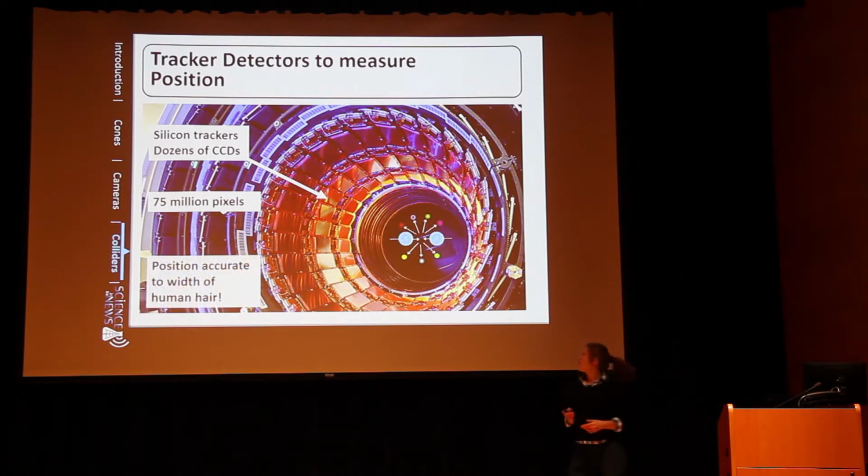So that means that every time a particle comes flying out of this collision, it gets detected at one of the pixels, and its position is therefore determined to the width of a human hair. This super accurate determination of the position allows us to trace back exactly what happened and how the particles were able to be created from the energy of the collision.